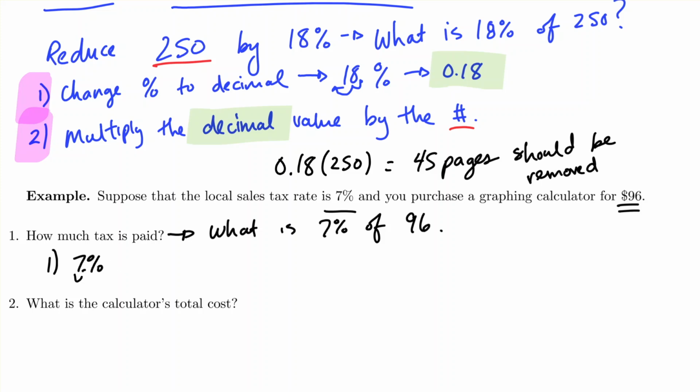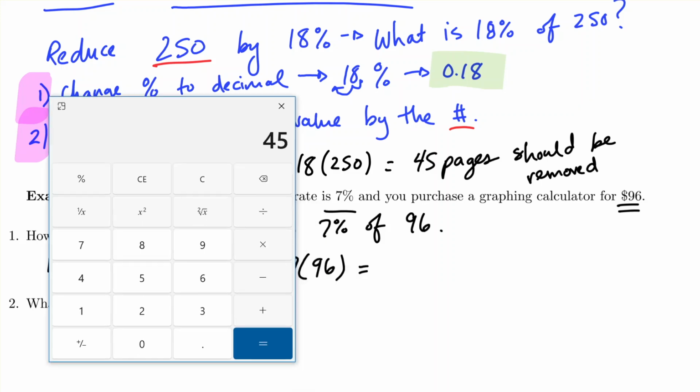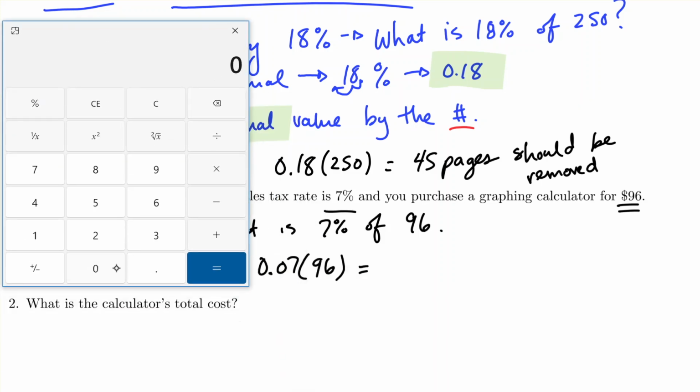And then we move that over 2 places, so that becomes 0.07. That's our decimal. And then we multiply the decimal by the number that we're trying to find the percentage of. So 0.07 times 96. That will give us a tax of 6.72.